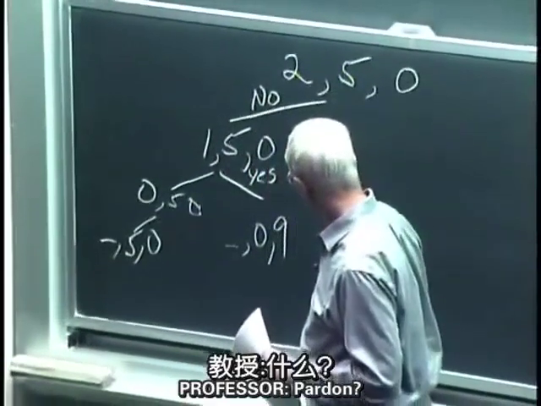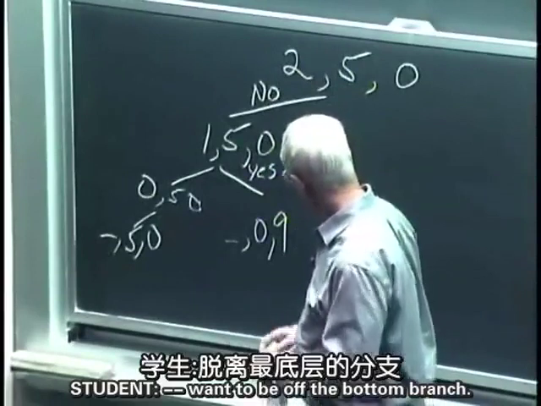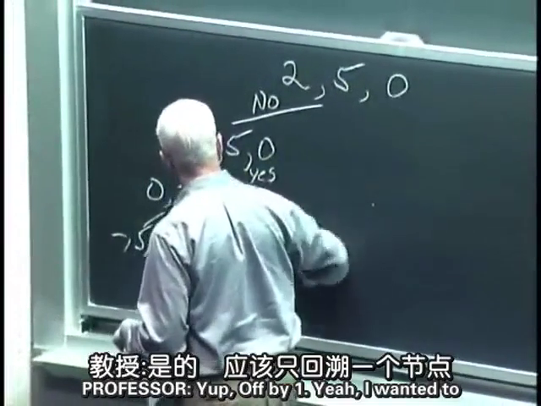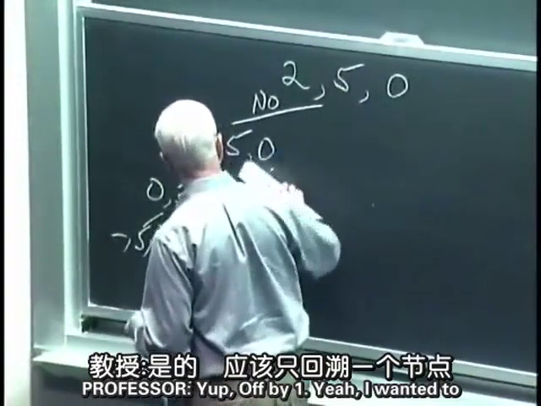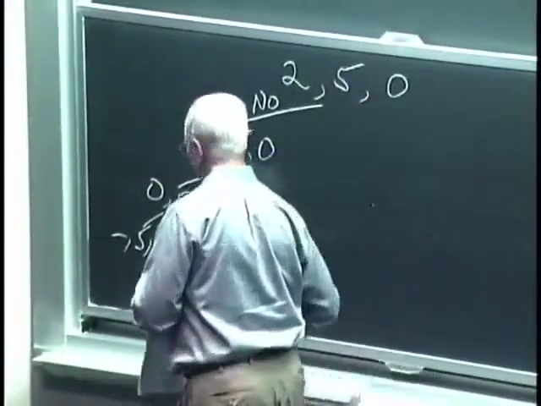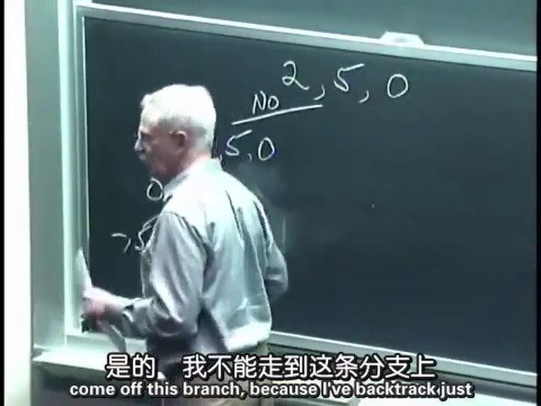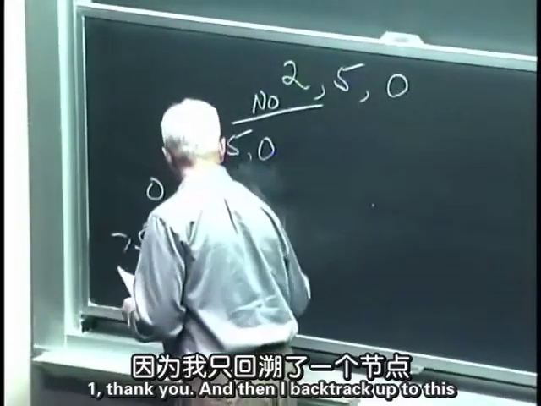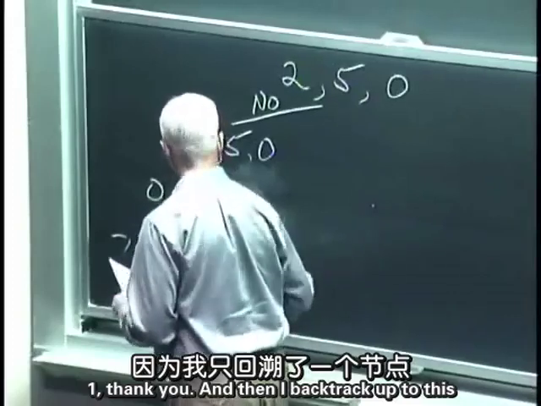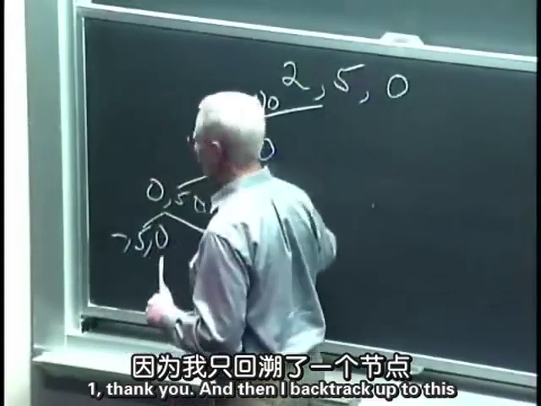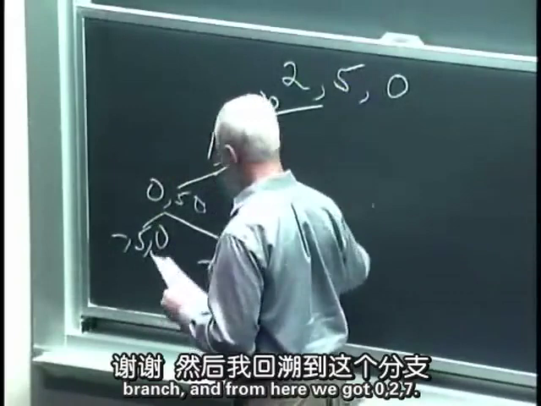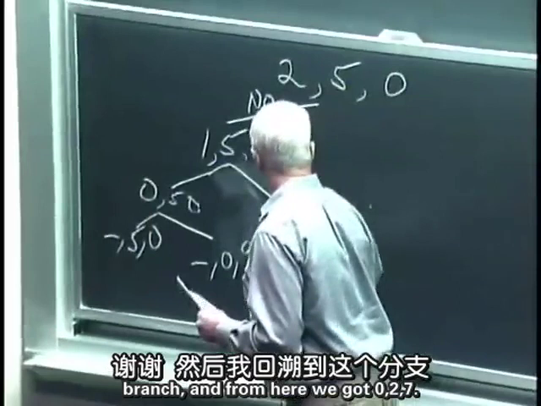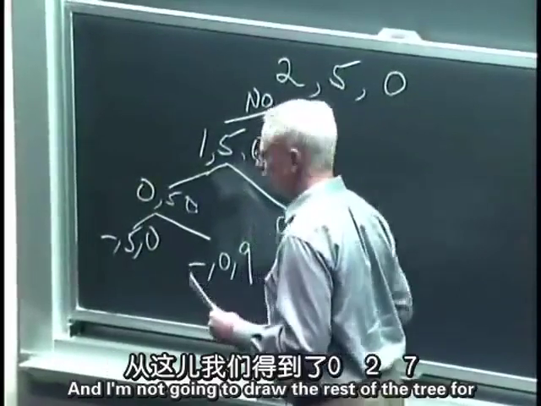I want to come off the 0, 5, 0 branch. Yes, off by 1, I wanted to come off this branch because I backtracked just 1. Thank you. And then I backtrack up to this branch. And from here, we got 0, 2, 7.